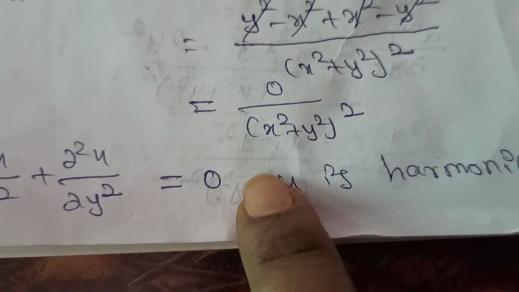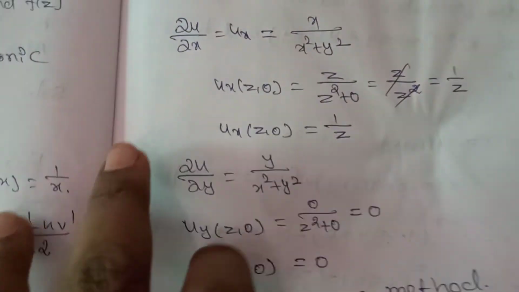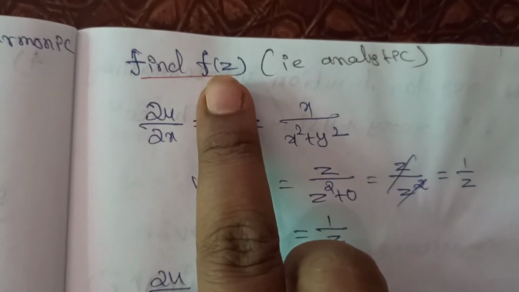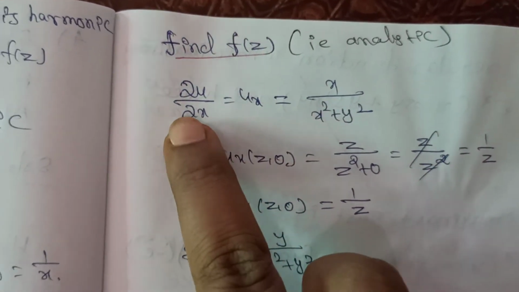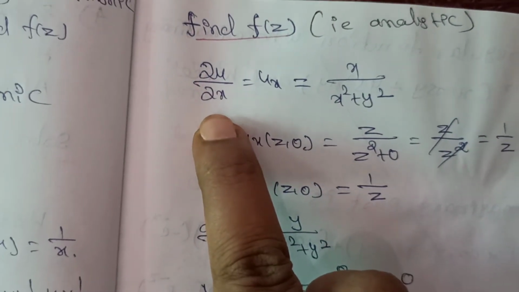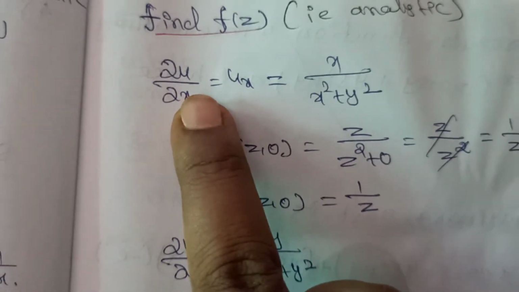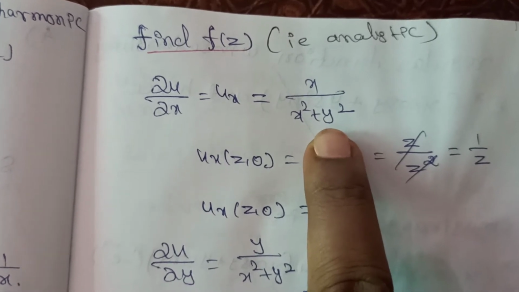So the first condition is satisfied. The second condition is to find f of z, that is, to find the analytic function. Take the ∂u/∂x value, which we already got. ∂u/∂x can be written as ux, which is equal to x divided by x square plus y square.